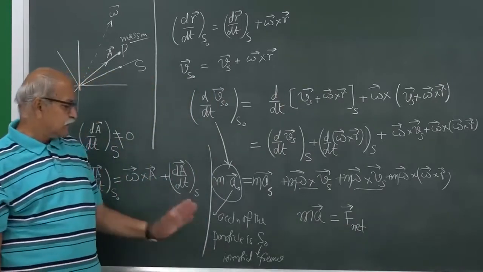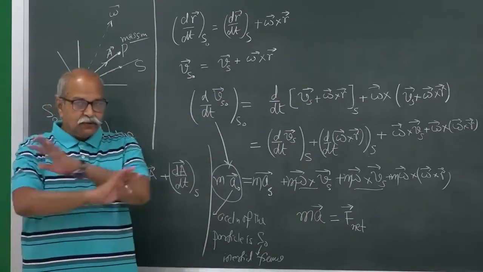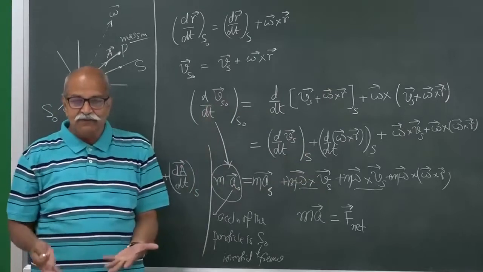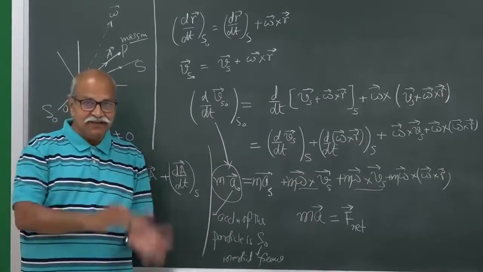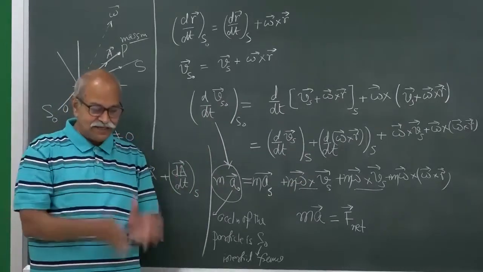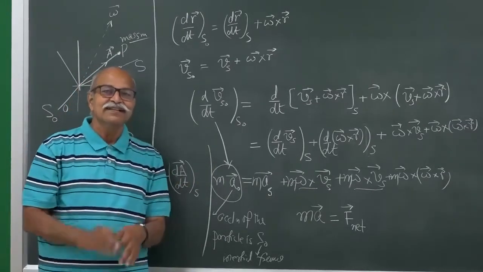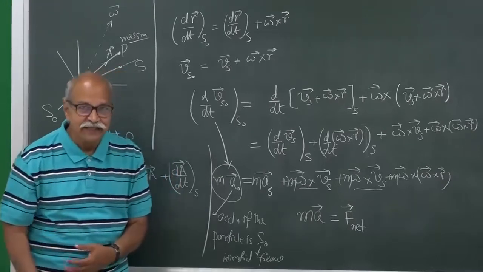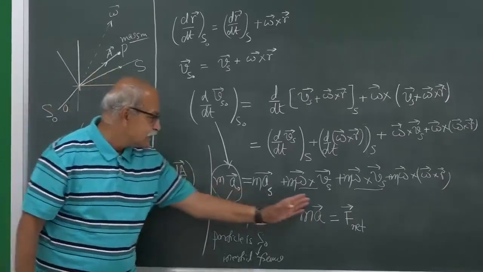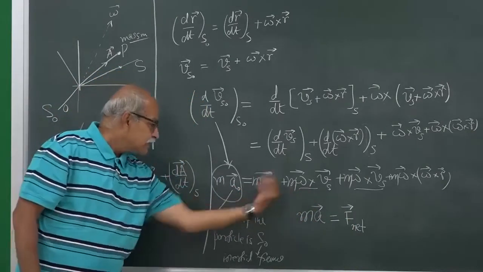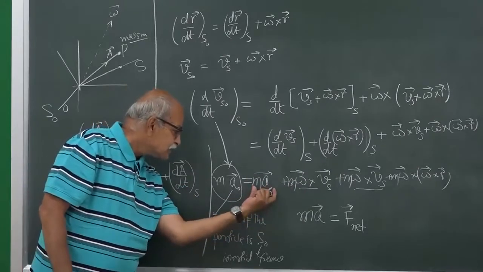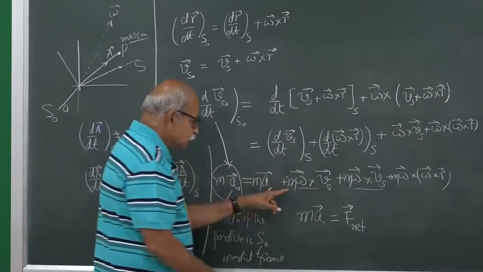In inertial frame, there are no pseudo forces. In inertial frame, Newton's laws are valid. So, F is equal to ma, the net resultant force, all the forces acting together, is equal to mass into acceleration. So, this we write F net, and then minus everything.